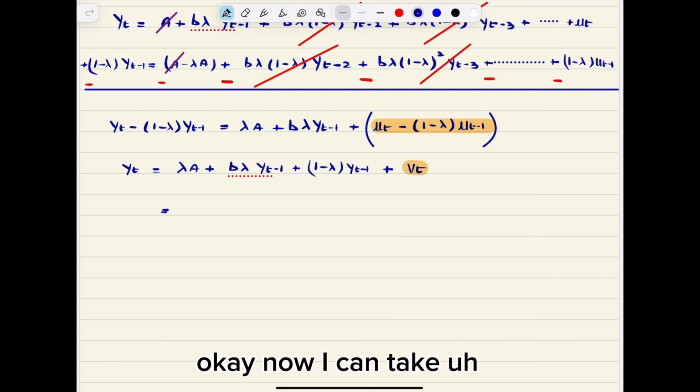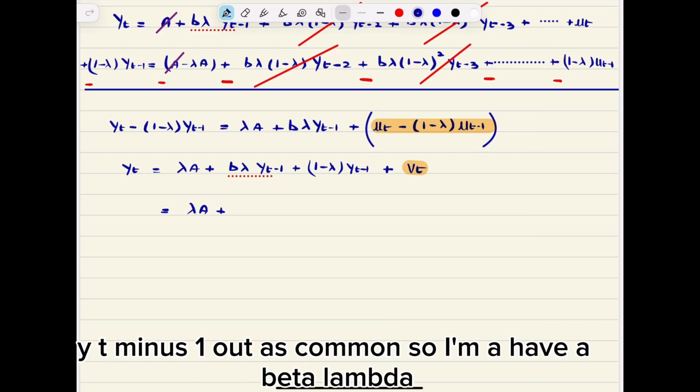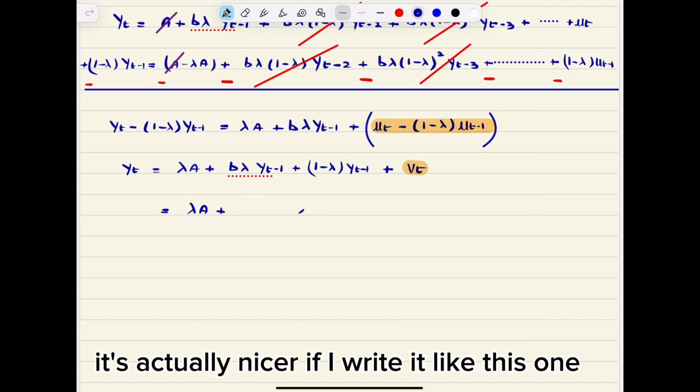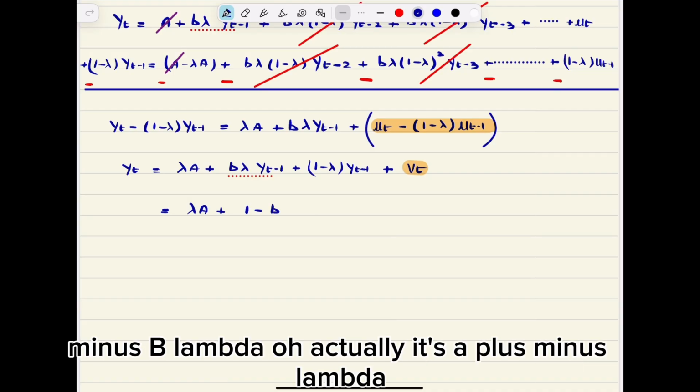Okay, now I can take y_{t-1} out as common. So I have a beta lambda plus 1 minus lambda. It's actually nicer if I write it like this: 1 minus lambda plus b lambda.